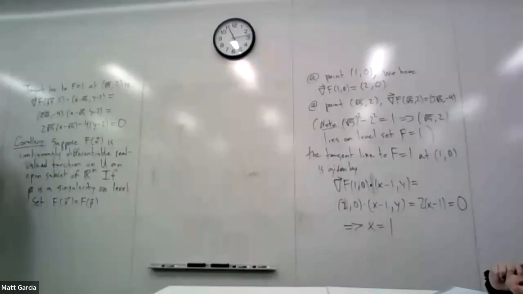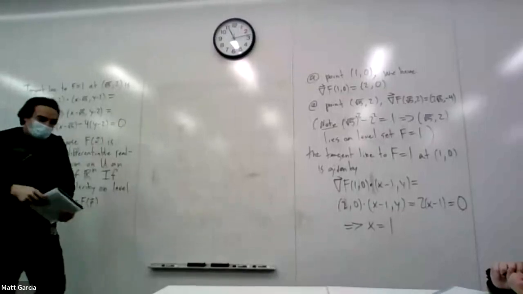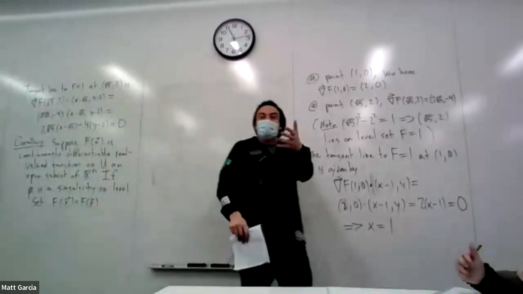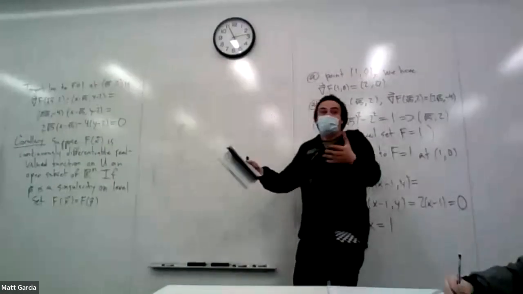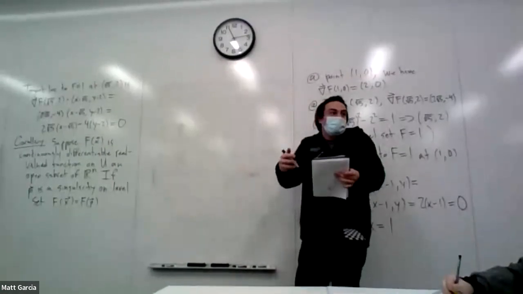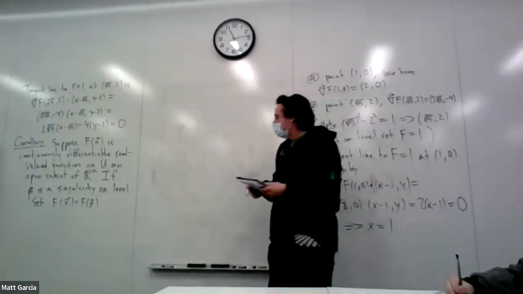The opposite of smooth. Yeah, a sharp point, exactly. It's a point where we can't define a tangent line when we're looking at curves. Of course, this exists in higher dimensions too. It's any sharp point where you can't define a tangent set. Tangent set is not well defined. Okay.